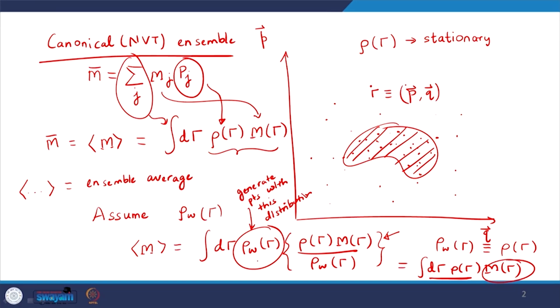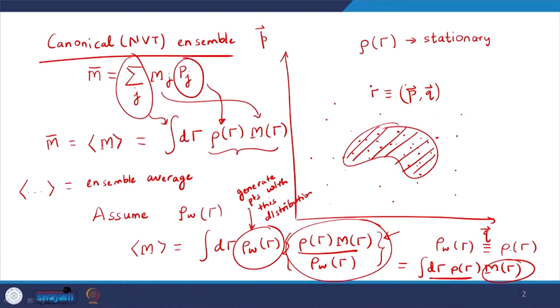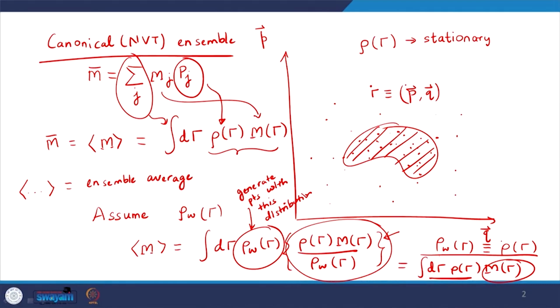When I was doing it with rho_w, I was sampling with these properties computed at every point and averaging over that. When I take rho_w equal to rho, I simply average the m values. So clearly, keeping the weighting density rho_w the same as rho is more convenient.